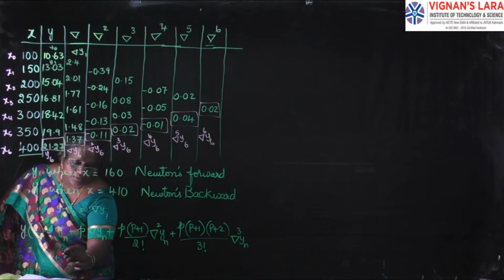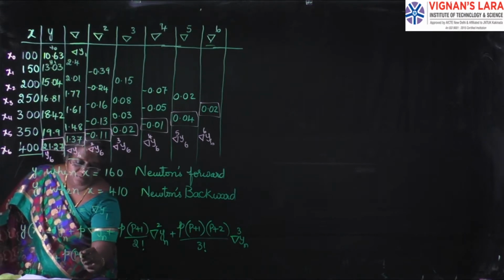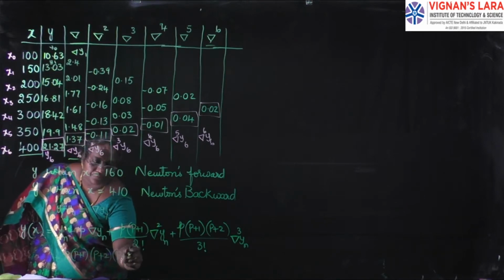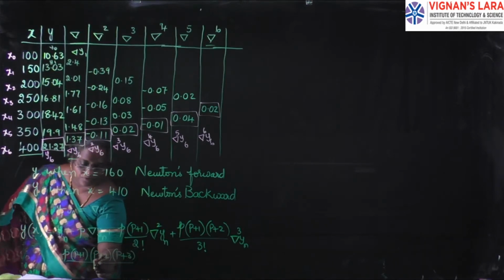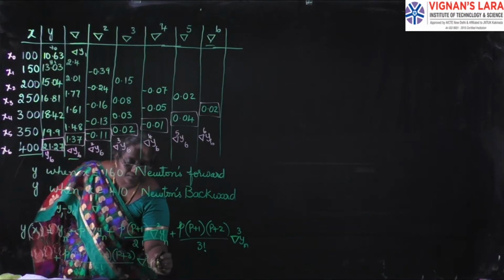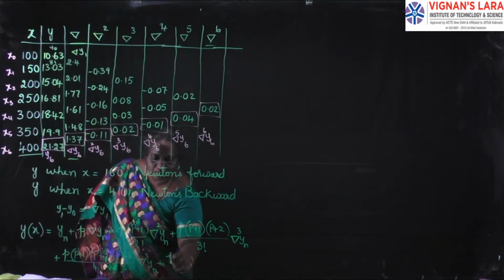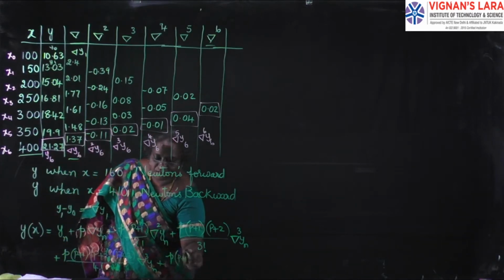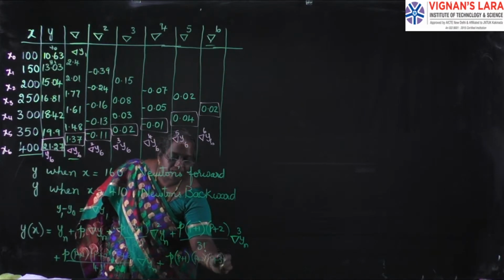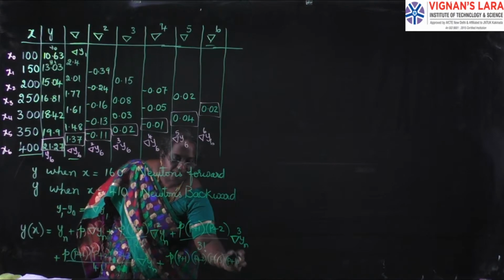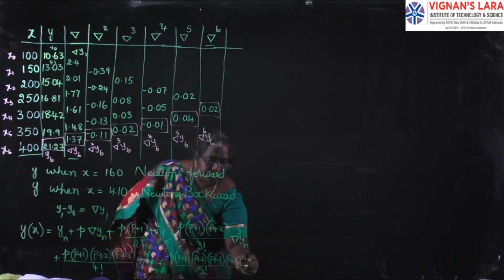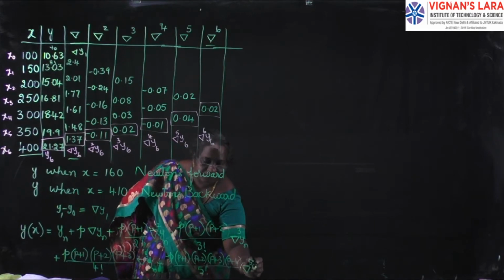So this is p into p plus 1 into p plus 2 into p plus 3 by 4 factorial into 4th backward difference of yn plus p into p plus 1 into p plus 2 into p plus 3 into p plus 4 by 5 factorial into 5th backward difference of yn.